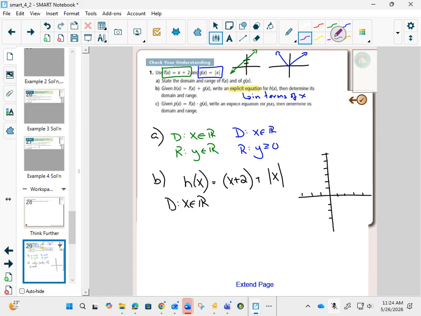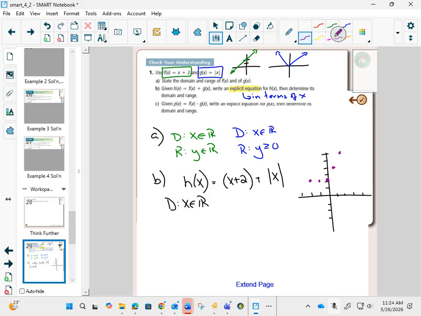Do you see that at 0, you have 0 plus 2, so I'll have 2 there. At 1, I would have 1 plus 3, I would have 4. At 2, I would have 2 plus 4, that would be 6. I could go to my equation, just do the mental math. At negative 1, I would have 1 plus 1, I would have 2. At negative 2, I would have 2 plus 0, which is 2.